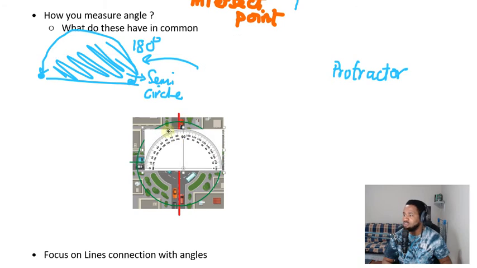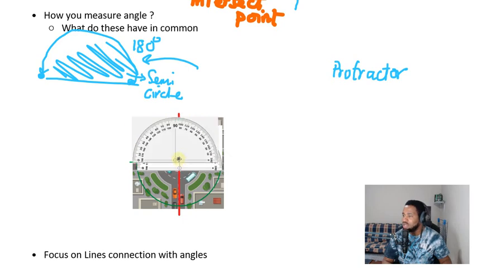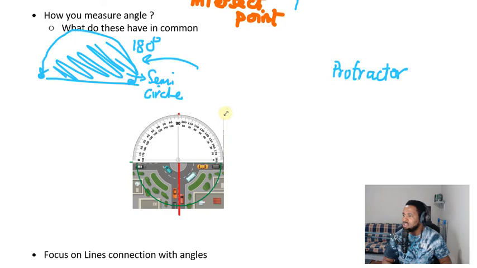If you line it up properly, we indeed have a specific measure of the angle, and by aligning it properly we are able to figure out that the angle is, in this case, 90 degrees. Let me line it up properly. So that's how you use a protractor to measure the space made between two intersecting lines.